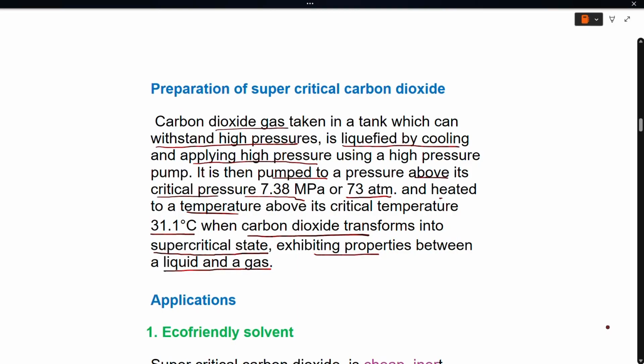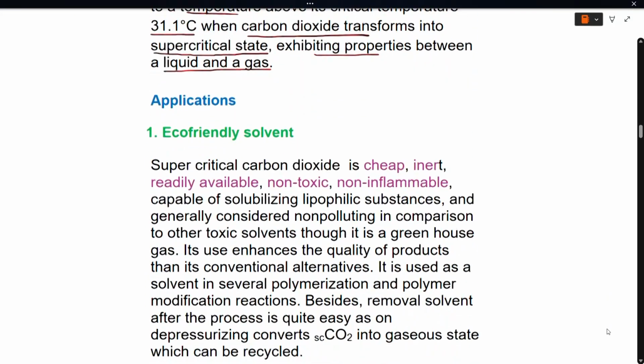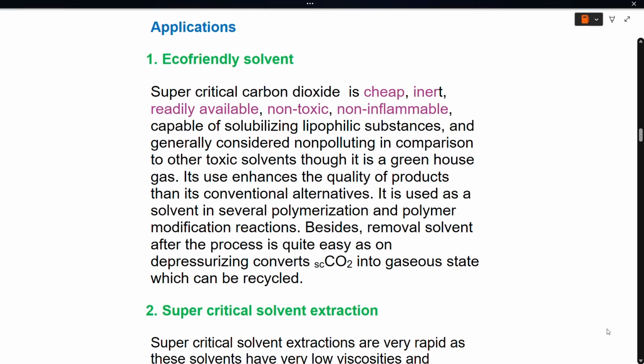Now let us see the applications of supercritical carbon dioxide. The first one is that it is an eco-friendly solvent. Because supercritical carbon dioxide is cheap, it is inert, and it is readily available.